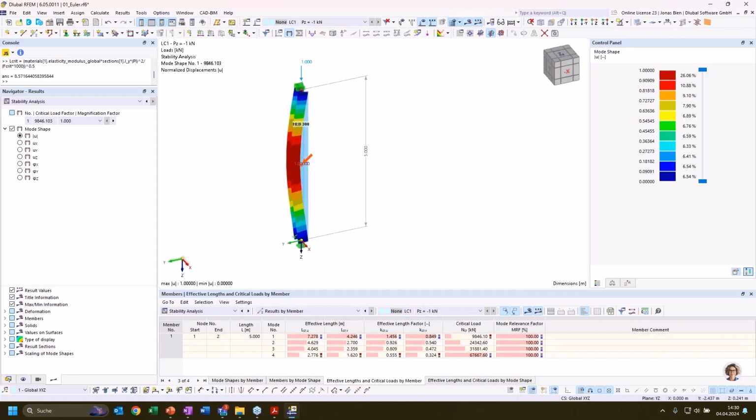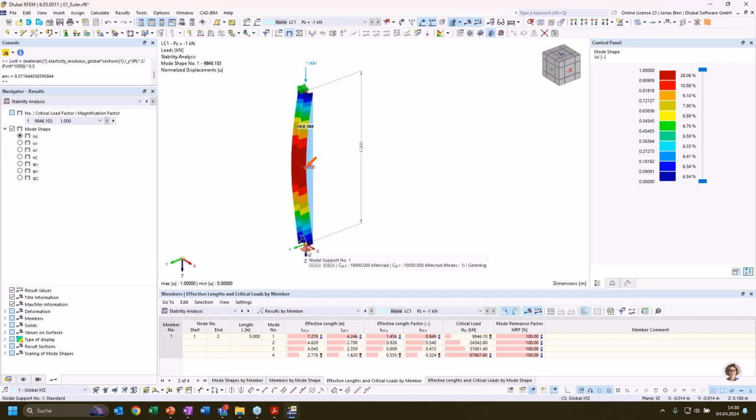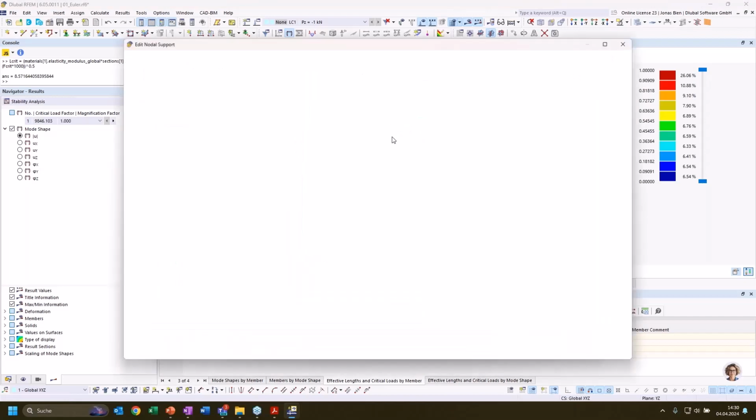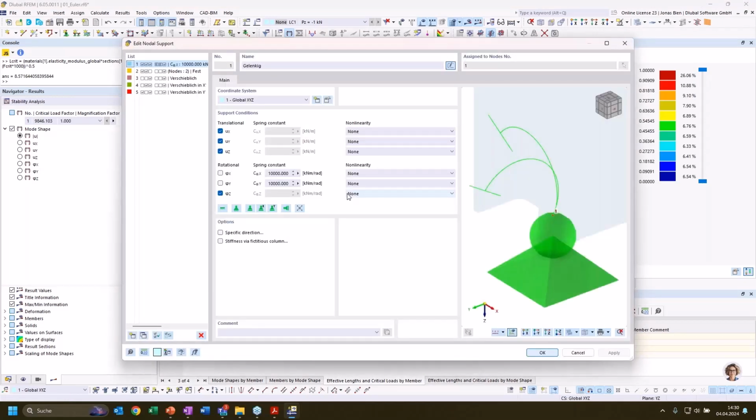So everything's set. Because it's a linear analysis, it is interesting what the program does with nonlinearities.